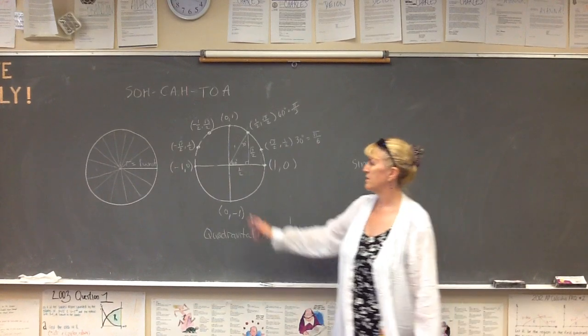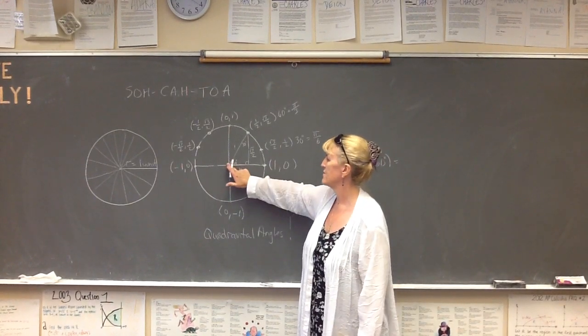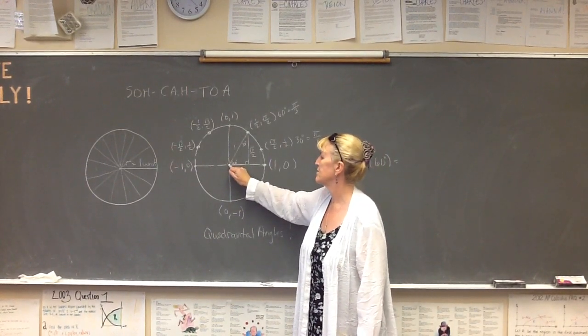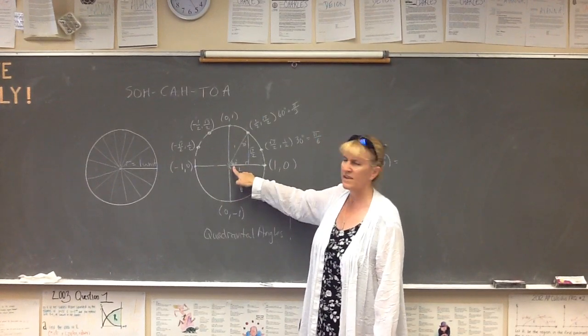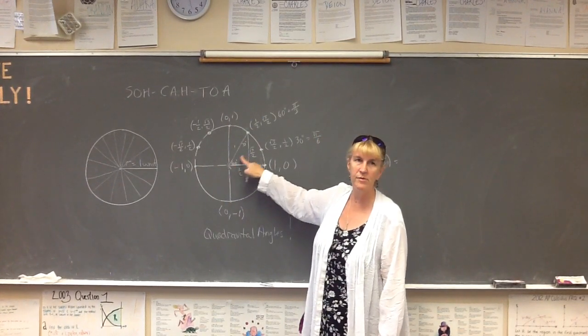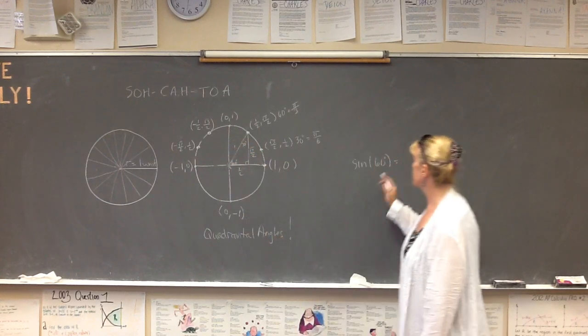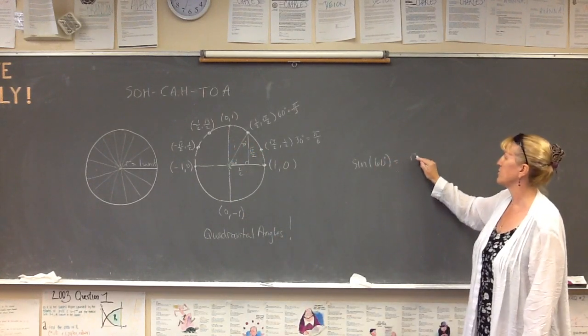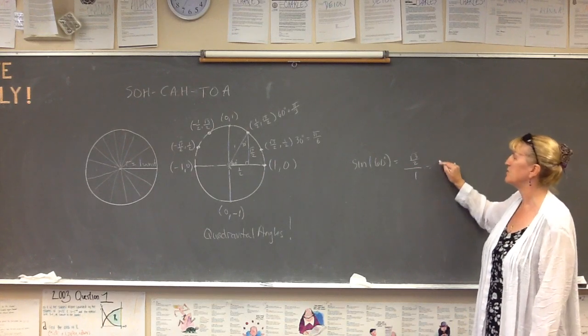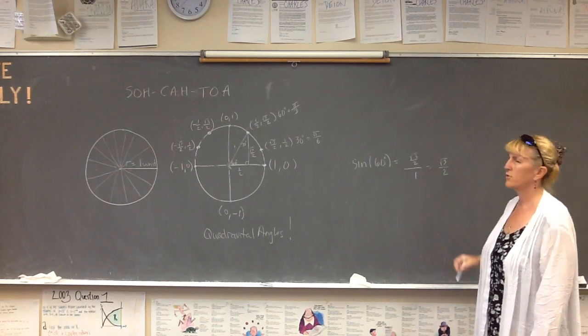Opposite to the hypotenuse. If you're standing right here at 0, 0, let's not forget, that's always your perspective right there at home. Here, that's 60 degrees right here. The opposite would be your root 3 over 2. The hypotenuse would be your 1. So sine of 60 degrees would be the square root of 3 over 2 divided by 1, which is just square root of 3 over 2.